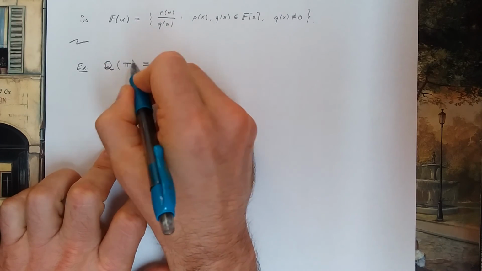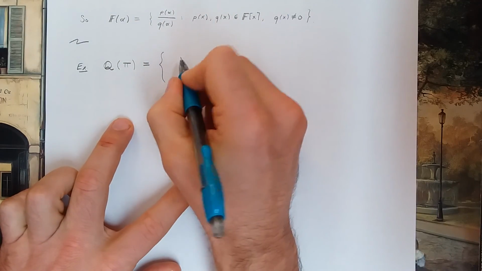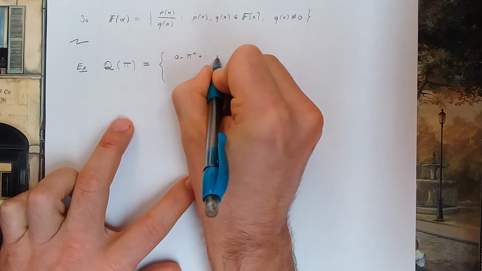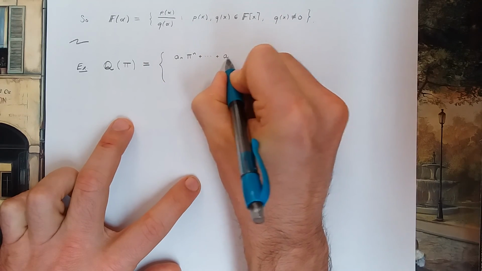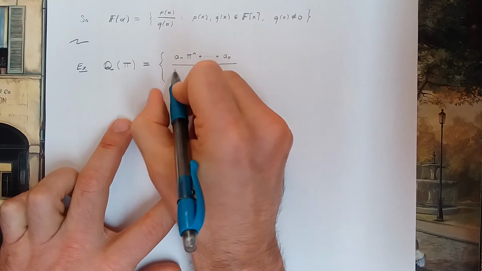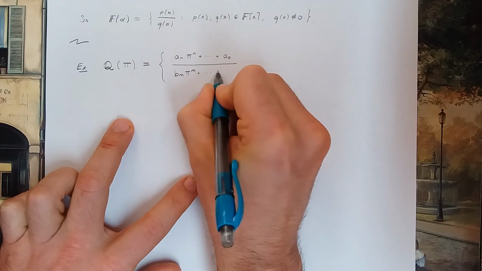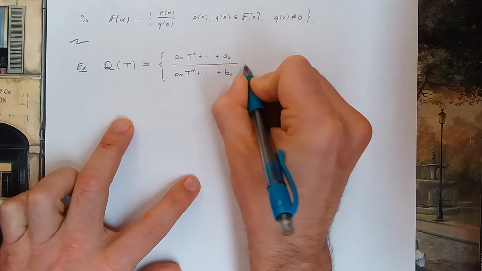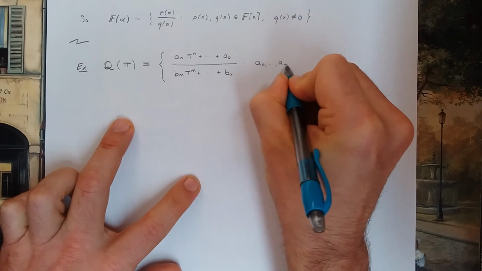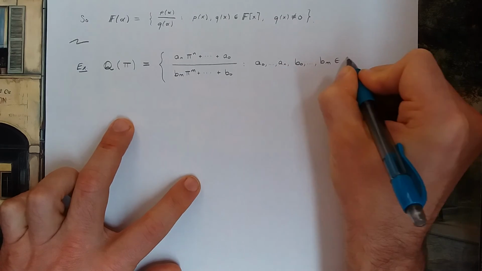Therefore, the smallest field that contains these is everything of the form a_n pi to the n plus up to a_0, a polynomial in pi, divided by another polynomial in pi, b_m pi to the m plus up to b_0, where a_0 up through a_n, b_0 through b_m are all rational.